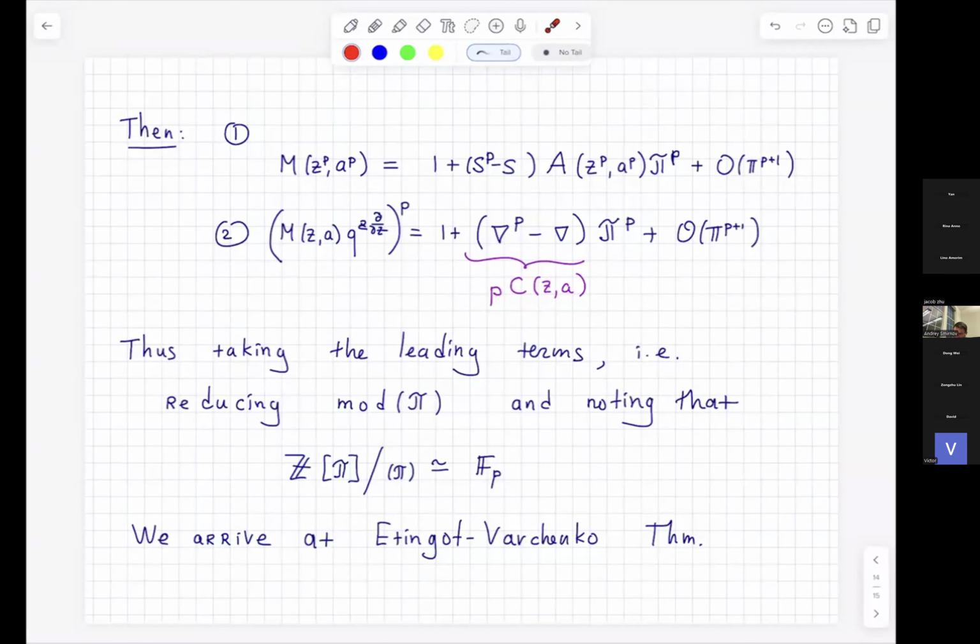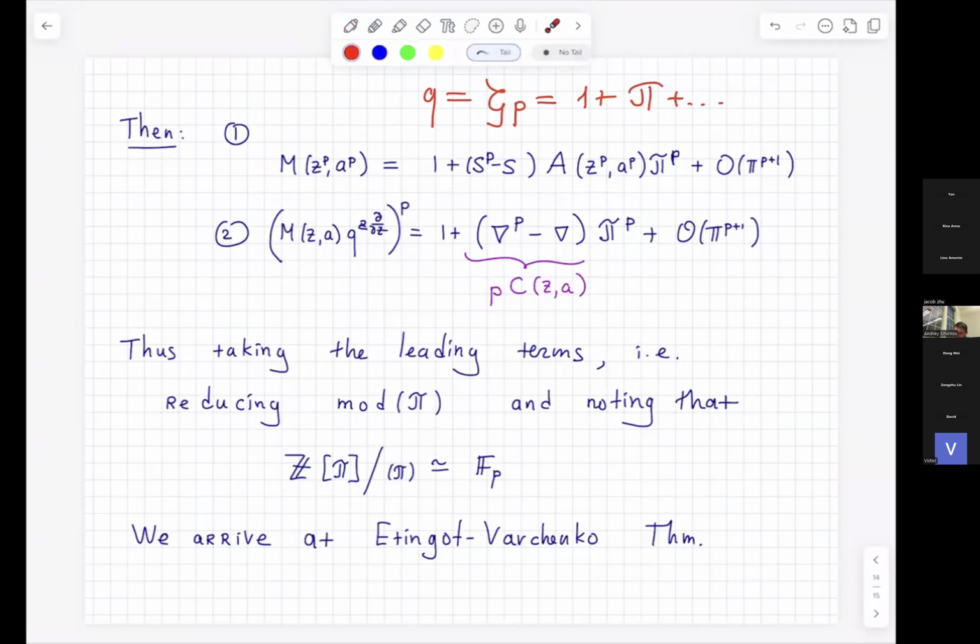So we can start with a matrix M, the matrix of quantum multiplication by some line bundle L. And you do this expansion over, again, you assume that Q is close to a root of unity, so Q is equal to 1 plus maybe pi, and so on.